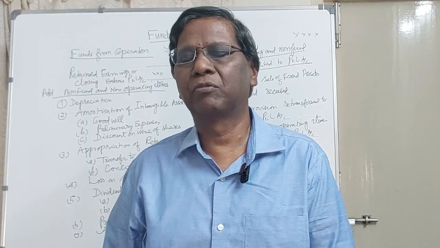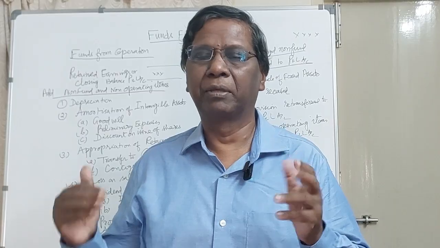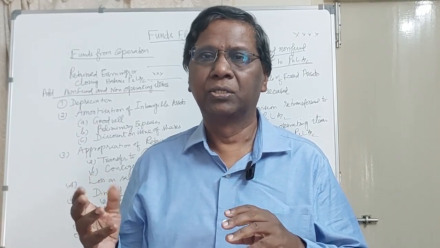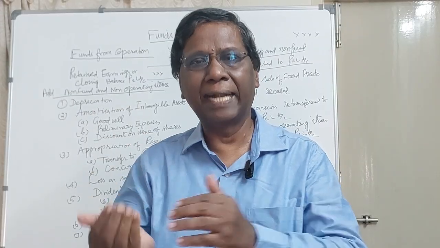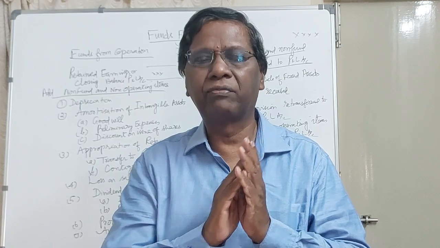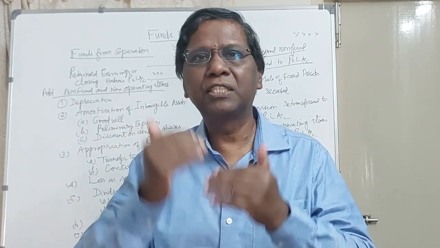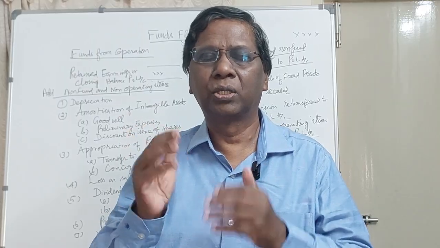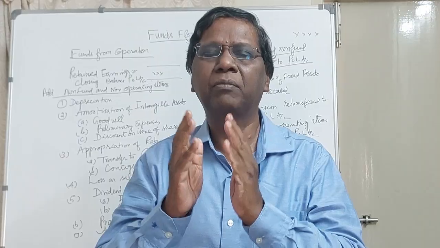This year the audit has come and 10,000 is not required, 5,000 is sufficient because the money is coming back. Last time you reduced it from your profit, now you are adding it back. It's only a book entry, it will not affect your funds. So you make some adjustments here and there, and you arrive at the correct position of funds from operations.